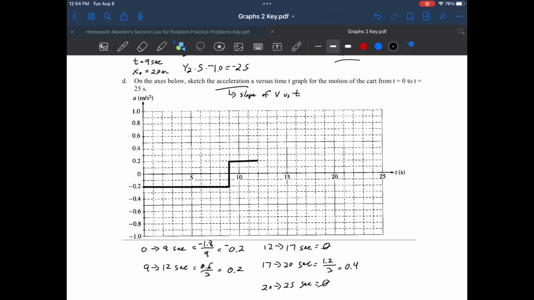Then from 12 to 17 seconds, the value was 0, so we need to drop down to 0 and graph 0 for those 5 seconds. And then we need to go up to 0.4 from 17 to 20 seconds. Now we're up to 0.4, so we're going to do that for 3 seconds. And then the last segment was 0, because this was the acceleration. If our velocity is constant, we've got no acceleration.